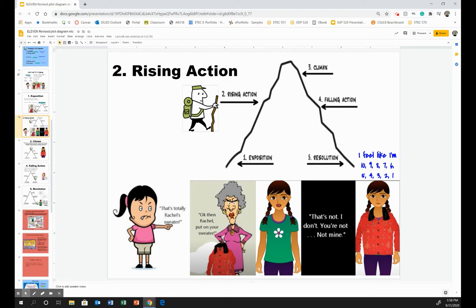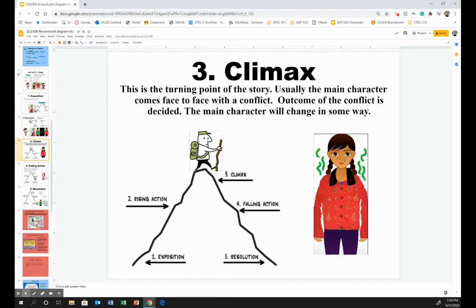Again, going on the whole layers of the story that Sandra Cisneros, the author, had put in there. All of this is in the rising action. All of the details about this gross, disgusting, yucky sweater. And Rachel just is having all of these conflicts about it.